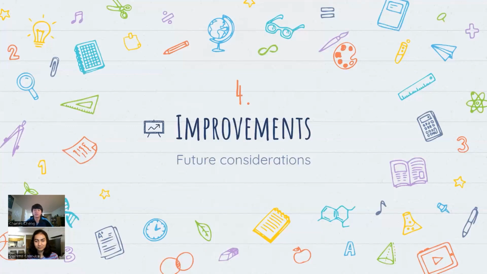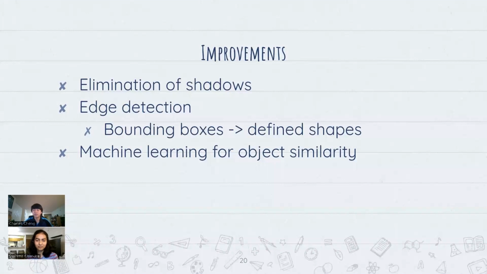So some of the improvements that we can make to our project. The first thing is we saw a lot of the shadows being tracked as part of the objects. And we can potentially do some thresholding before we process the video so that we can have a mask that excludes the shadow, and hence only the object is being tracked and not its shadow.